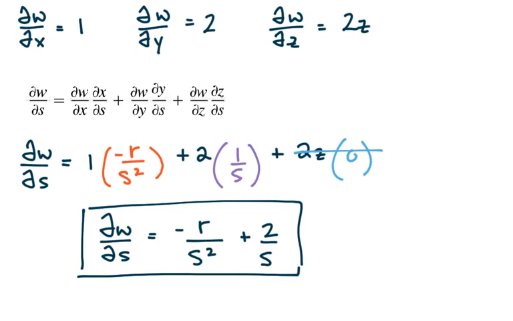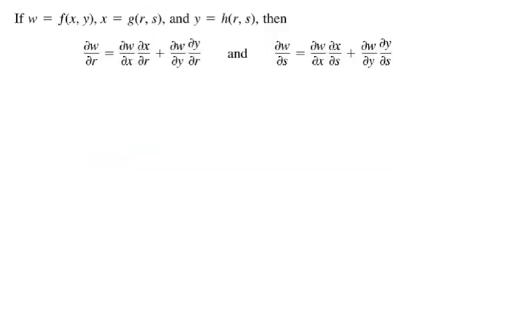So if f is a function of 3 intermediate variables, and each of those intermediate variables are functions of 2 independent variables, R and S, then this is how we could find those partial derivatives. Let's do one more example, and if you really understand that first example, then you could skip this because it's going to be pretty redundant.